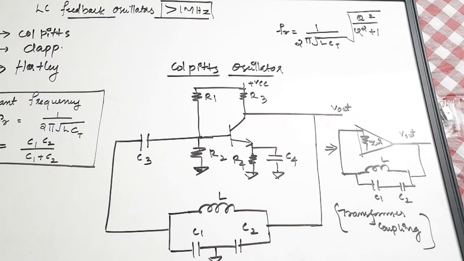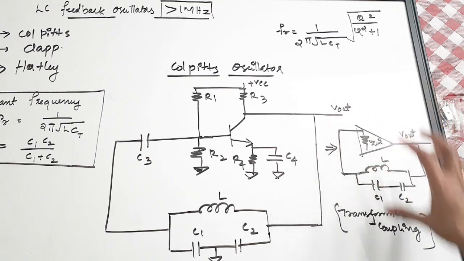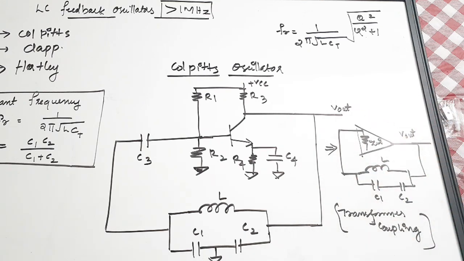Now we have discussed that the input impedance of the BJT has a negative impact on the feedback circuit. What can we do to reduce this effect of input impedance, that is, to reduce the load on the feedback circuit?